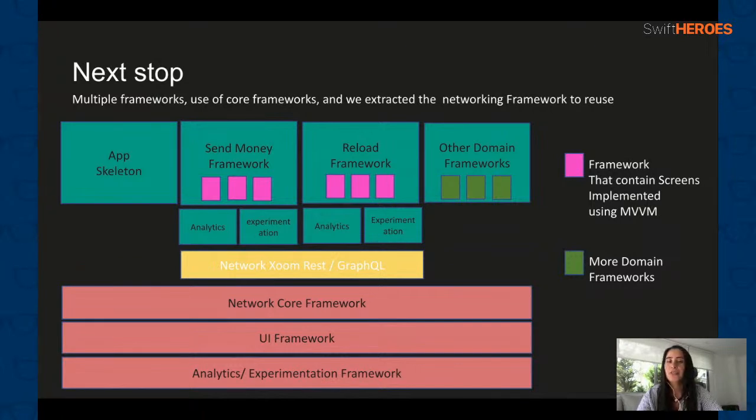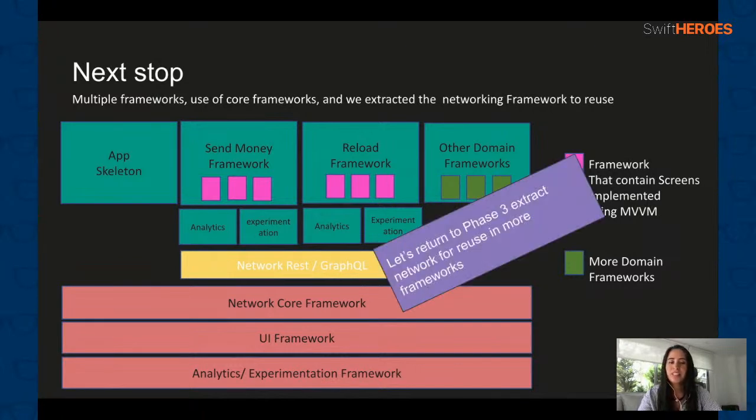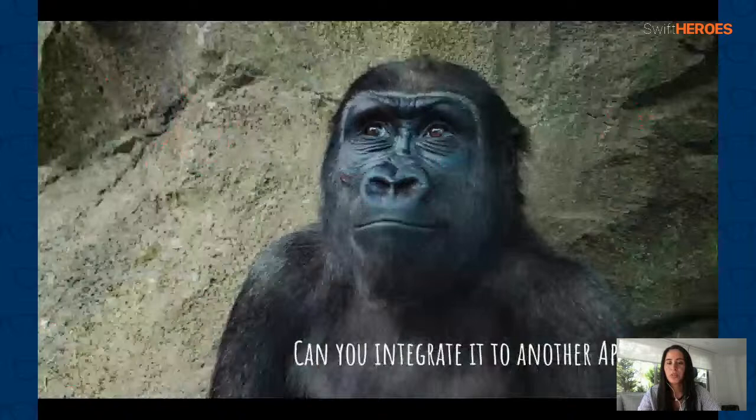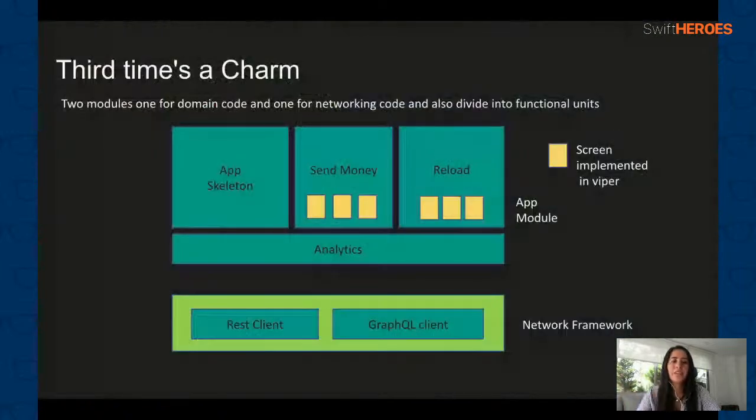And if you pay real attention, we were pretty much returning to phase 3 that I mentioned before. So let me go back a little bit. We have the same thing: you have the send money with the scripts implemented in VIPER, and you have the reload with the scripts implemented in VIPER. I didn't add everything that you have here in terms of experimentation, crash logging, maybe some dependency injection.